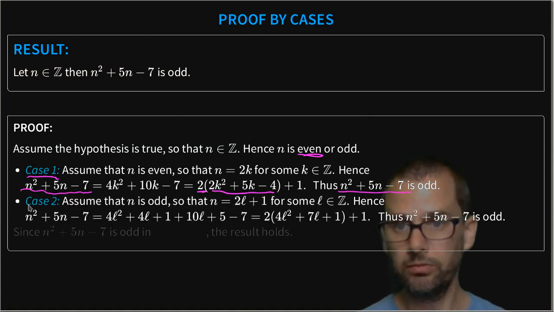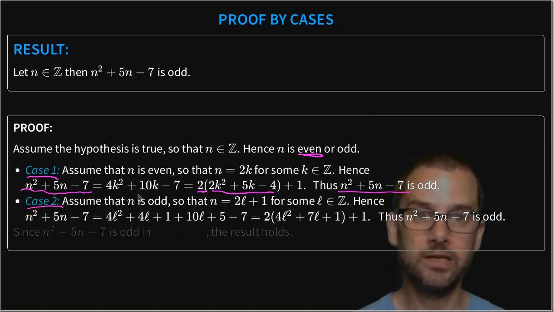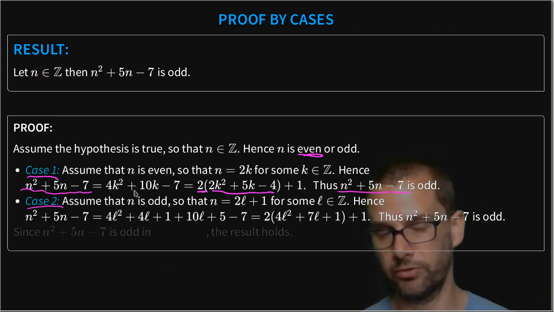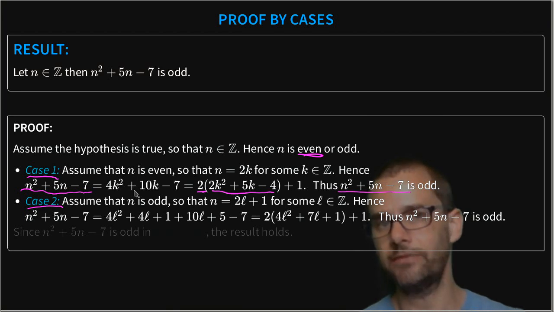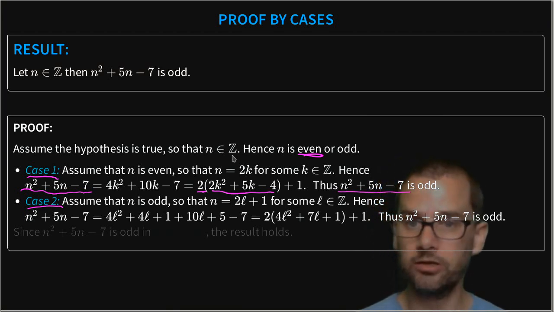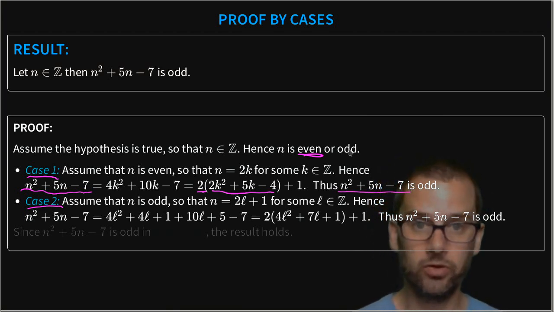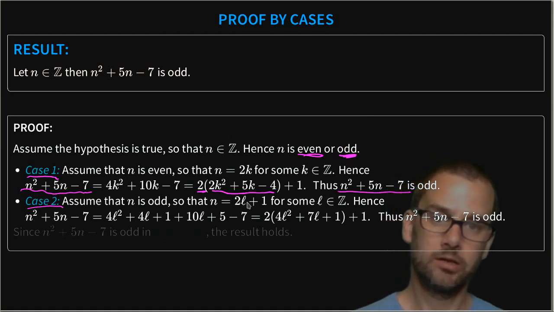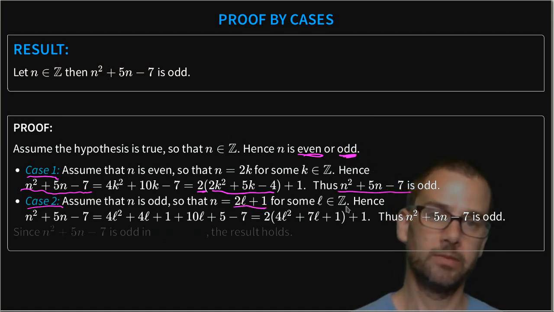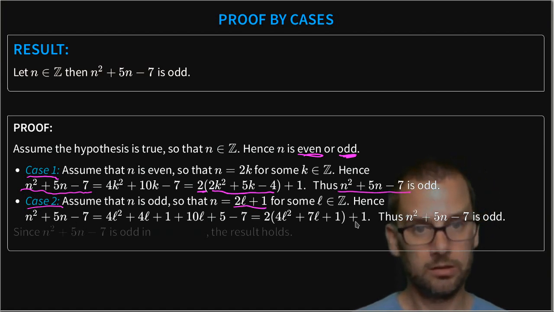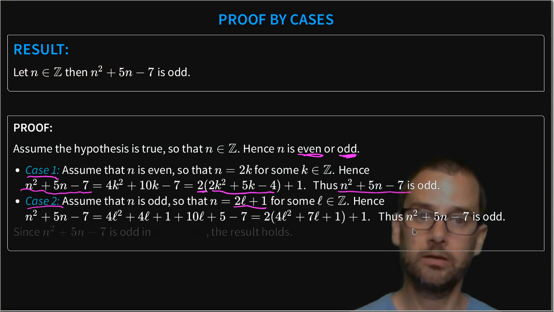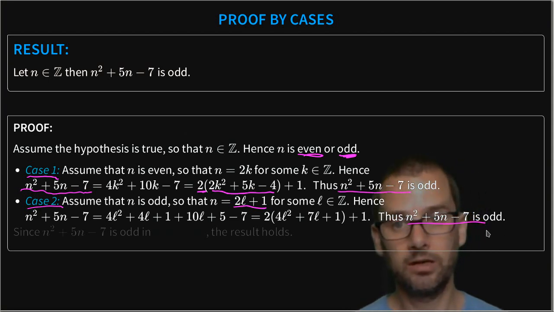For Case 2, again, I'm making it very easy for the person reading it to see that I'm breaking it down into cases, that I'm using proof by cases. So we're making life easy for the person reading things. This goes very much the same way. Case 2 is that n is odd. So I assume n is odd, so n is 2l plus 1 for some integer l. Again, we can show that it's 2 times something plus 1, so we know that this is odd.